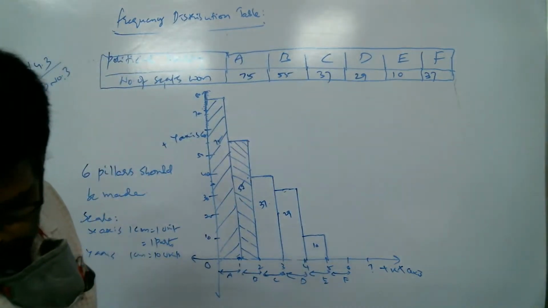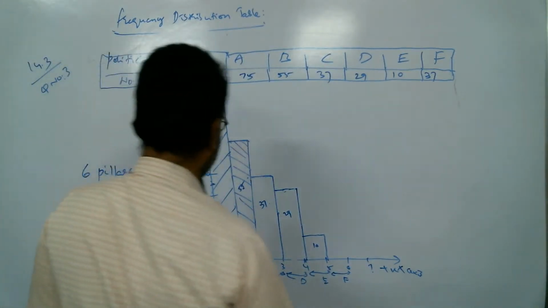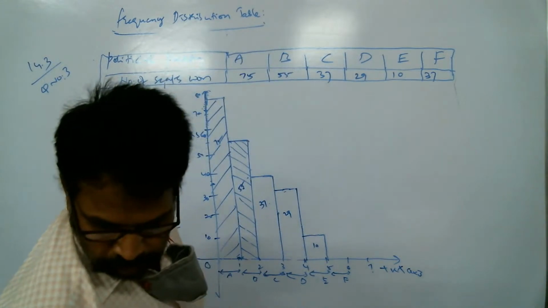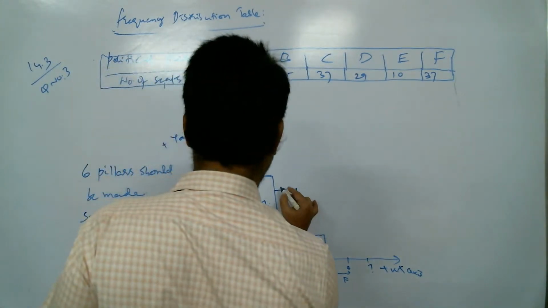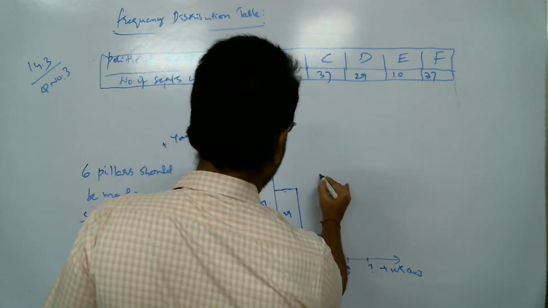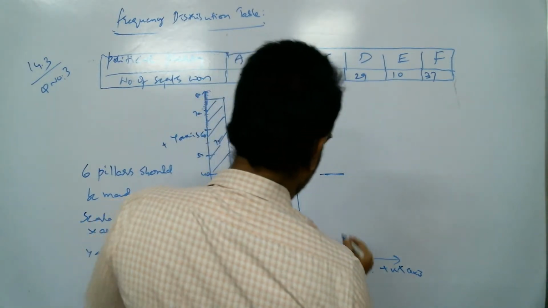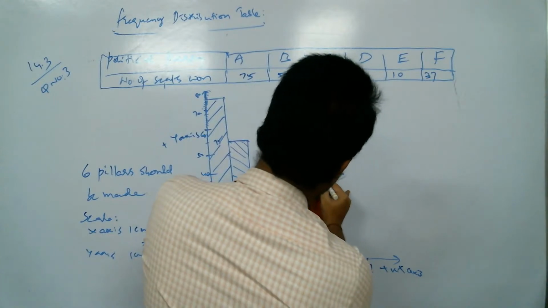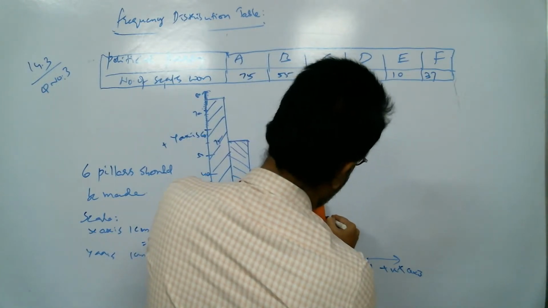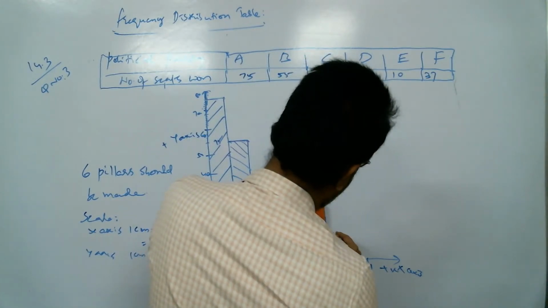Then F is 37. Two 37s are there. Same height, 37 you have to go. It's same. So here you have to cover this part also first with respect to this.